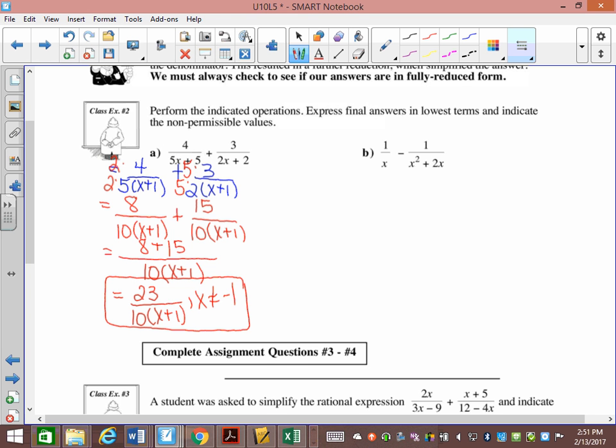B, what could I do? What could I do with B? The bottom left, can I take anything out of it? No. The bottom right, can I take anything out of it? What? An x. If I take an x out, I'm left with x plus 2.